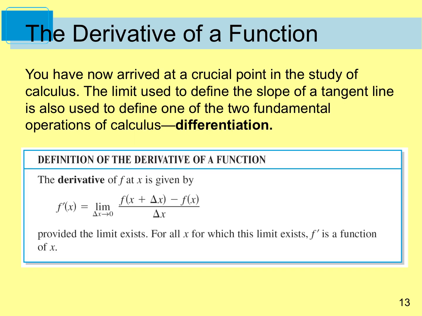The next topic we have is the derivative of a function. So derivative of a function also means differentiation. So it's two of the same thing. You can say derivative; differentiation is a different tense of the word. We use the same formula.